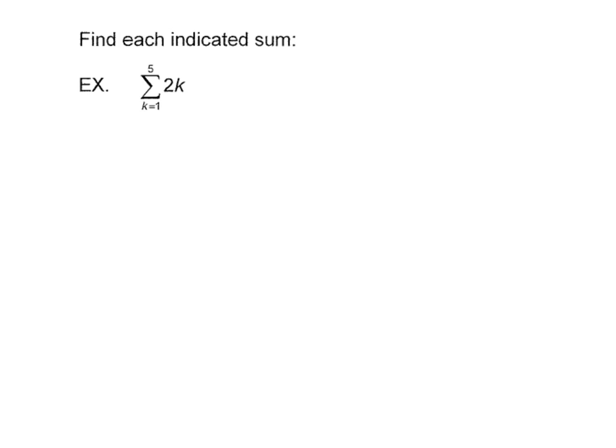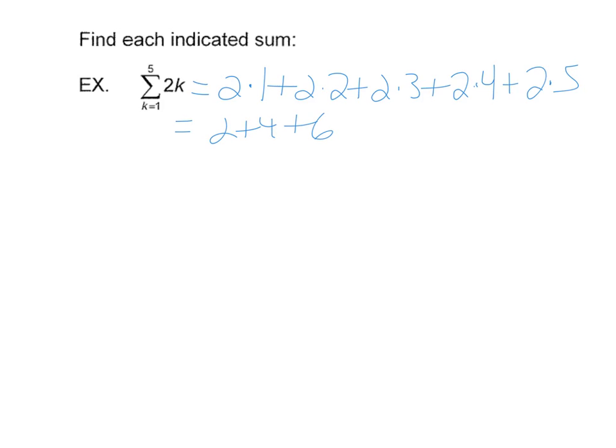When I start with k equals 1, it would be 2 times 1, plus, then k changes to 2, 2 times 2, plus k goes to 3, then k goes to 4, and finally, because the top number is 5, we stop at 5. That would be 2 plus 4 plus 6 plus 8 plus 10, which is 30.